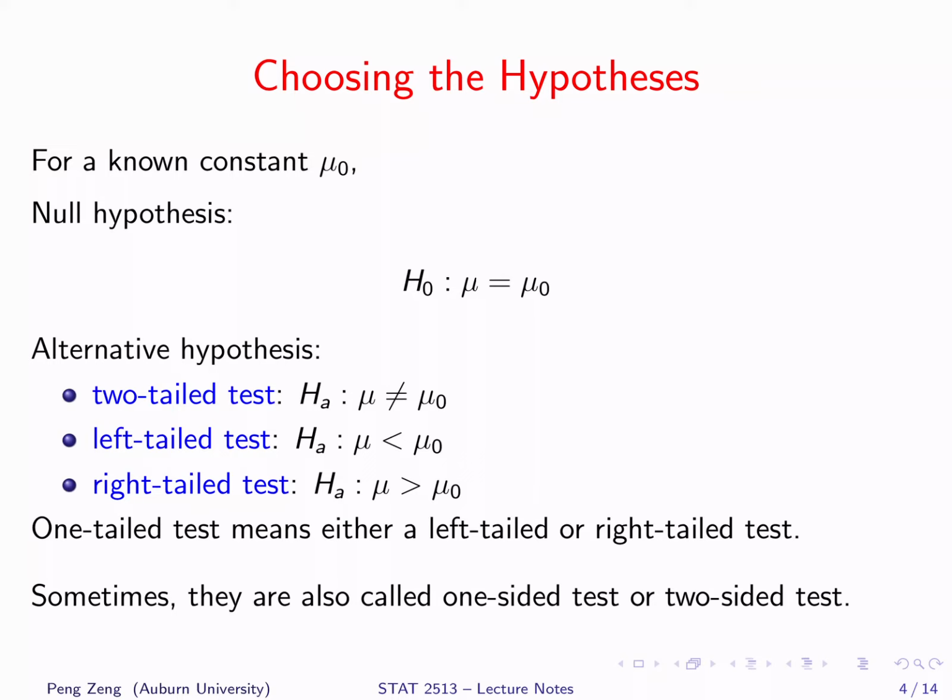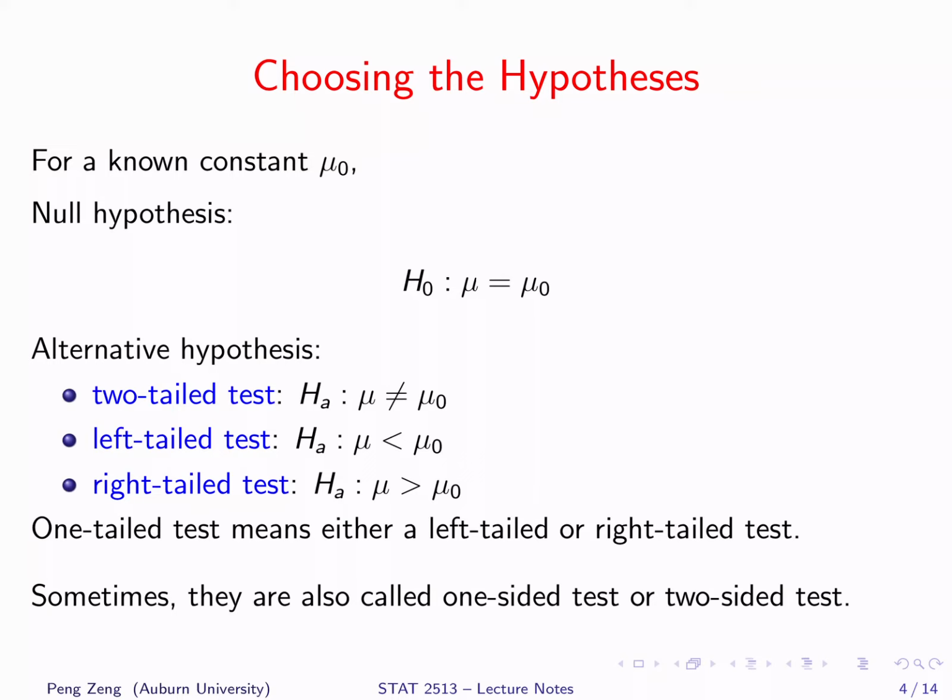Here, mu0 is 454 grams. The null hypothesis is mu equals 454 grams. The alternative hypothesis can be one of three cases. It can be mu not equal to mu0, mu less than mu0, or mu larger than mu0.